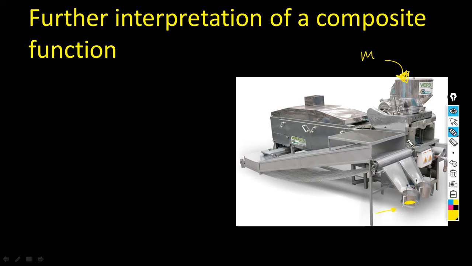So I'm gonna call this function, all of this machine, all of it, I'm gonna call it T for tortilla. Okay, so T, what it does for you is this. You're gonna give T some mass, this is the input, and T is gonna produce its result, T of M, and all of these will be a tortilla. Okay, you give this input to T, and T will give you this output, and all of these will be a recently cooked tortilla.